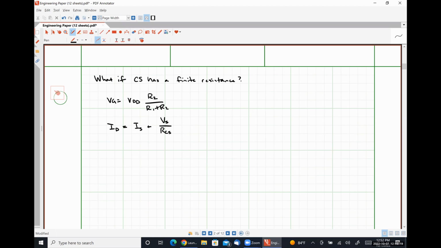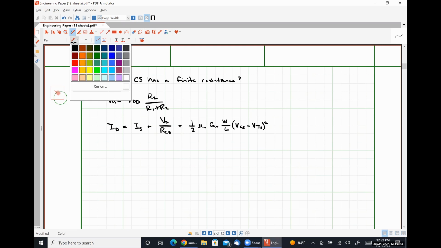Following through on some math here, this also has to be equal to 1/2 mu n C ox W over L times the quantity VGS minus VTH squared.